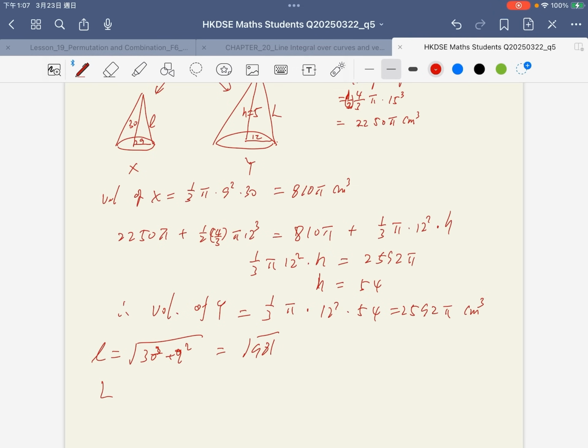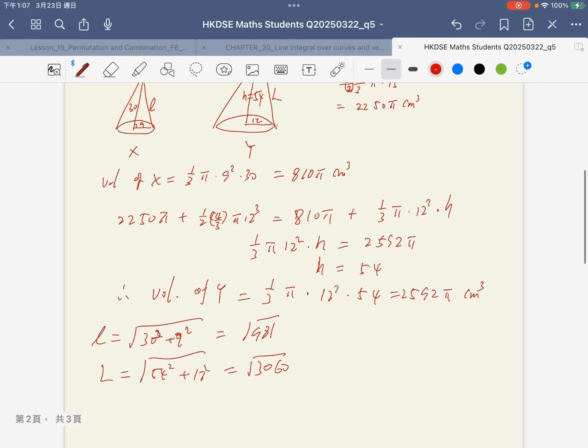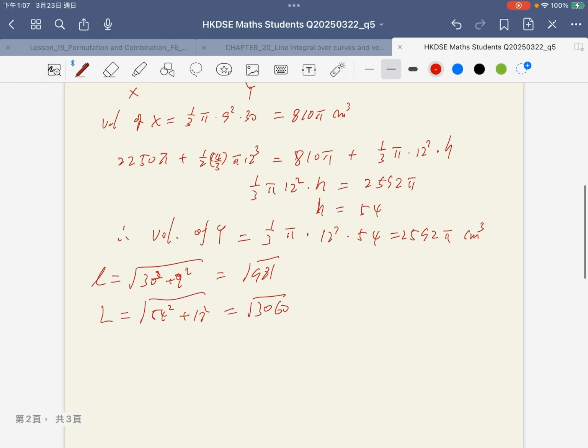Also I have to calculate the capital L, 54 squared plus 12 squared, square root of 3060.